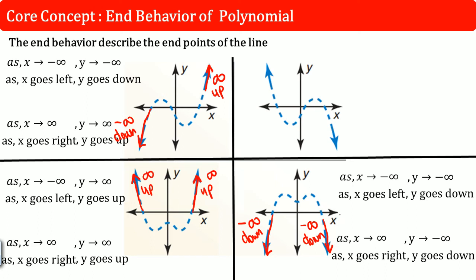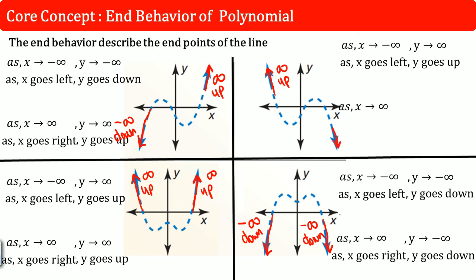For this case, as x goes to negative infinity, so as x goes to the left, what happens to the y? Well, the y becomes positive. It goes to positive infinity because it goes up. What happens as x goes to positive infinity? That means what happens as x goes to the right?